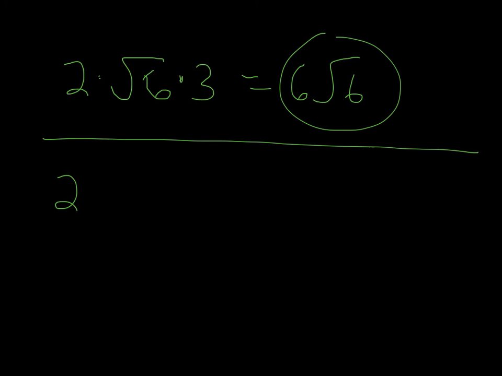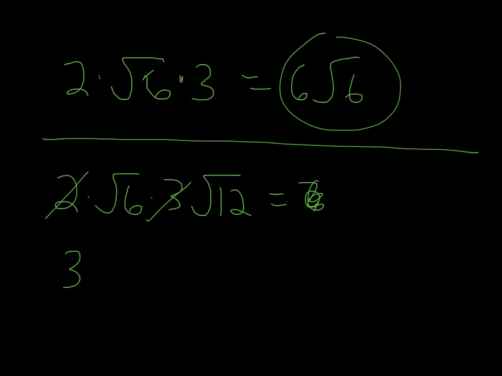Suppose I gave you 2 times square root of 6 times 3, now let me throw in a square root of 12. Well, 2 times 3 is 6, so these come here.